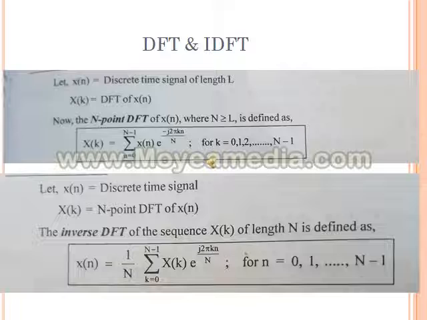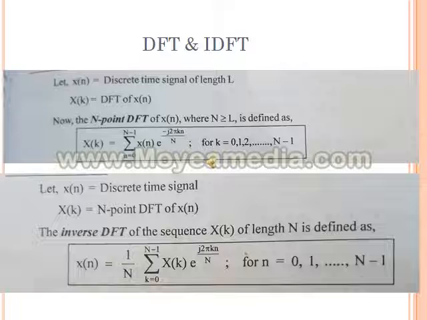On the right hand side, the summation is from n equal to 0 to capital N minus 1, whereas in case of IDFT it is from k equal to 0 to N minus 1, because the DFT is represented by capital X[k] and we have to take the limits of this summation with respect to k.